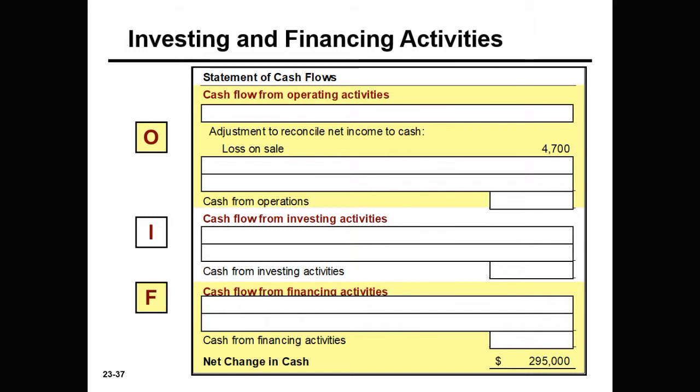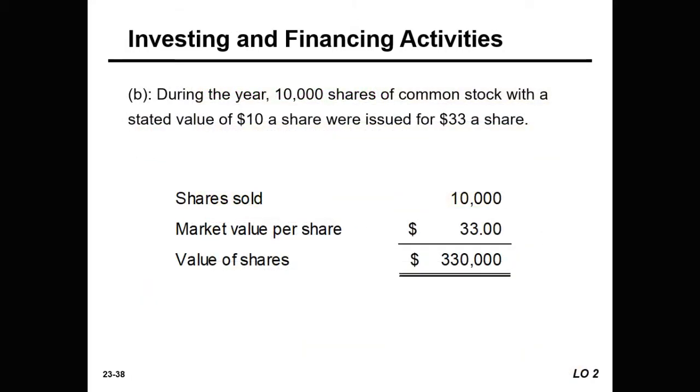So the adjustment, we're going back again to the indirect method. We add it back in operating. And then we recognize how much cash was actually received on the sale of plant assets. And that was $5,300.